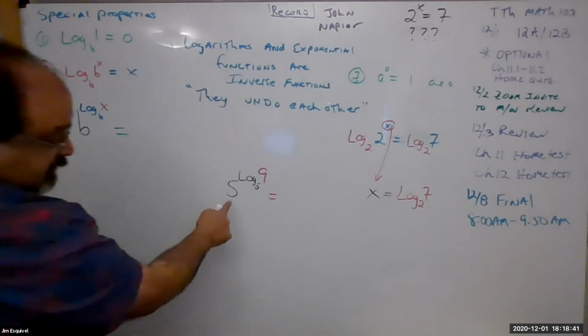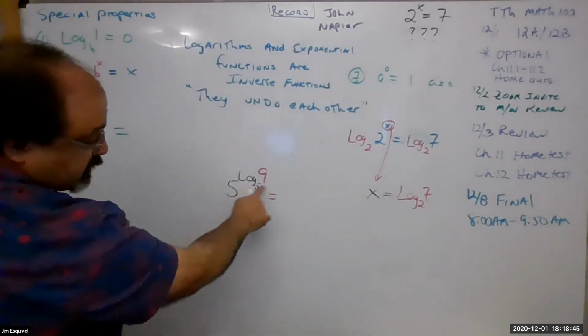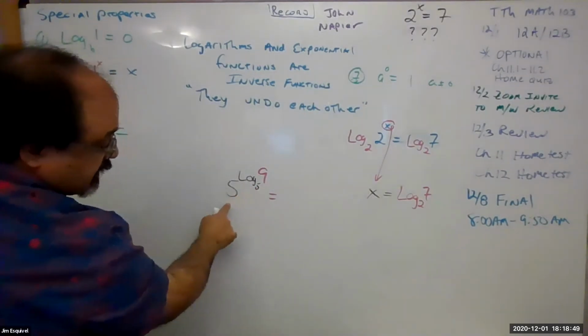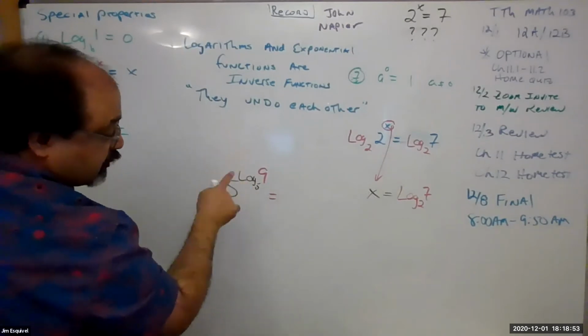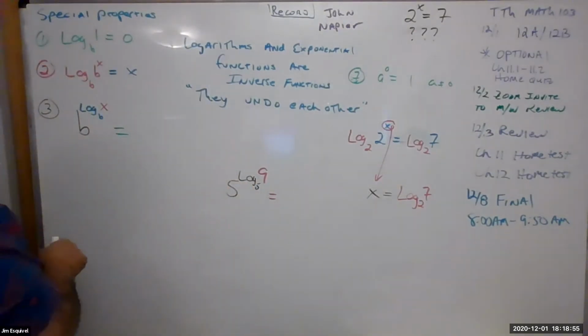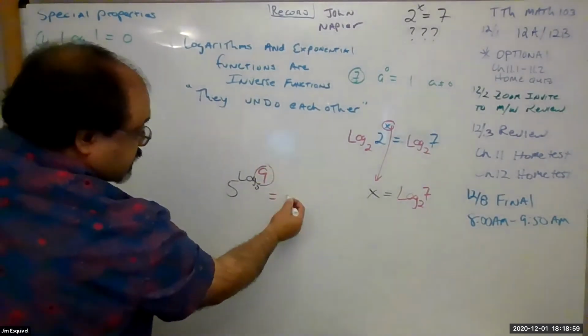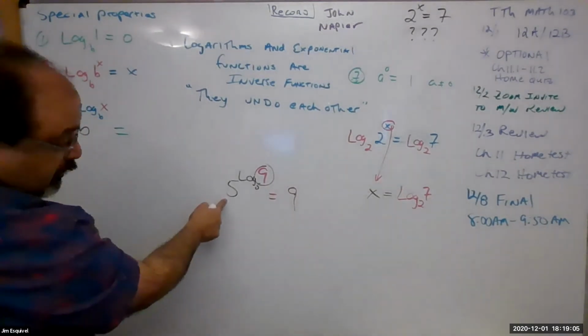Well, since this exponent is base 5 and it's raised to a logarithm which is also base 5, since the bases are the same, they undo each other. And if they undo each other, this is going to be my answer. That's an exponent base 5.